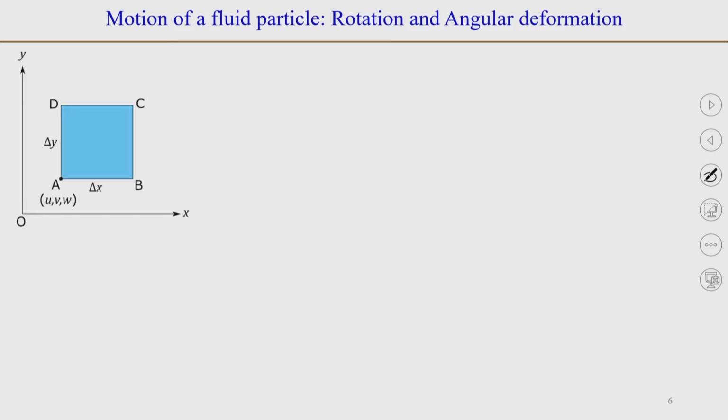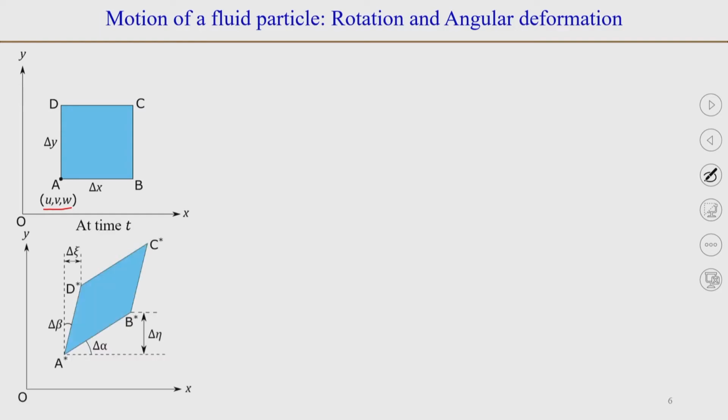Now, as we said earlier, let us assume that the velocity of the fluid at point A is u, v, w, and what we need to see is what is the movement, or the displacement, of the fluid element, or what is the displacement of point B from its previous position, with respect to point A. Similarly, we also need to see what is the movement of point D with respect to point A. So, for point B, the movement with respect to point A is in the y direction.